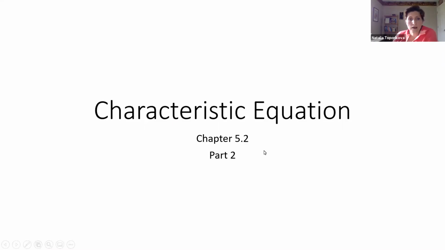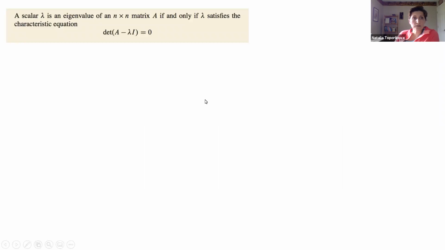Hello, this is the second part of chapter 5.2, and we will talk about the characteristic equation. In the previous chapter, we discovered that the value of lambda can be found from what we now call the characteristic equation, which is just our matrix with lambda subtracted from the left diagonal elements, and the determinant of this matrix is set to 0.